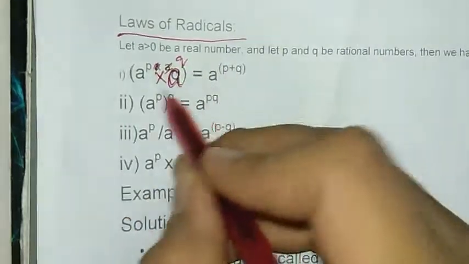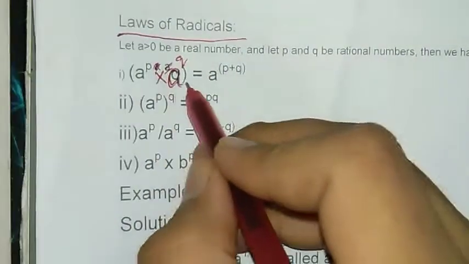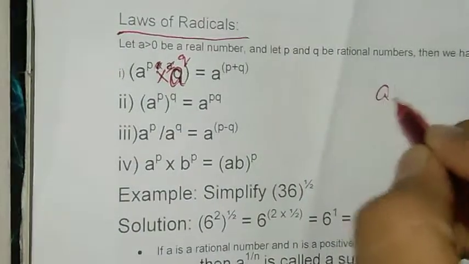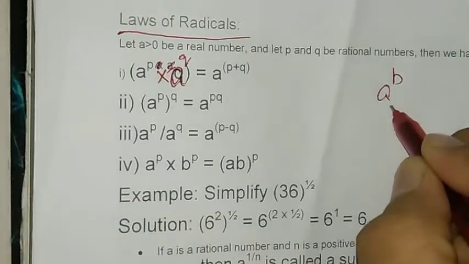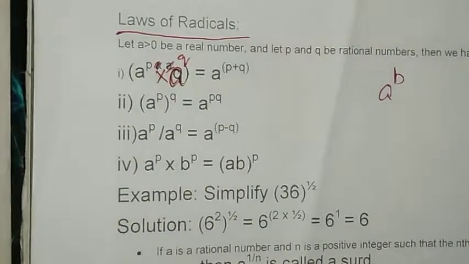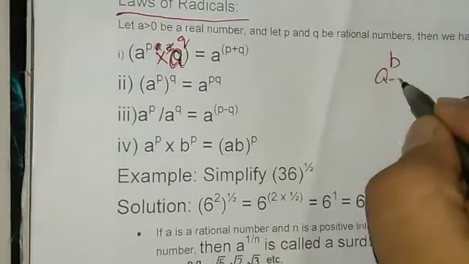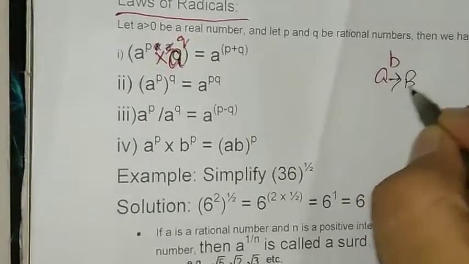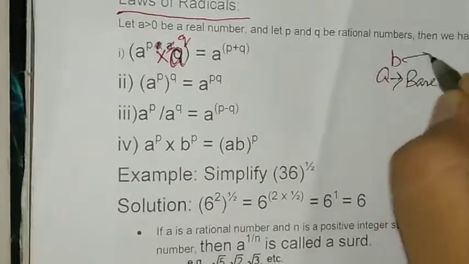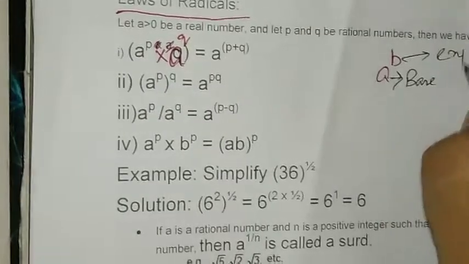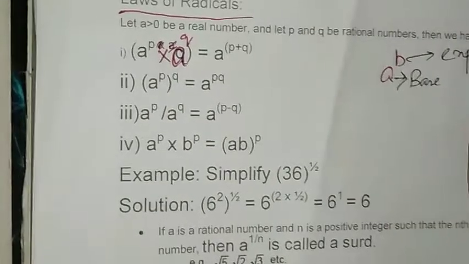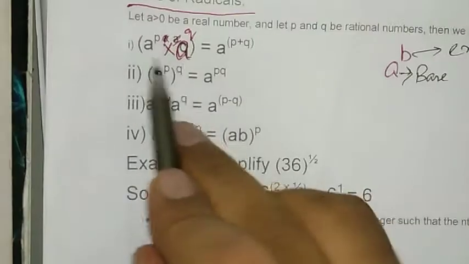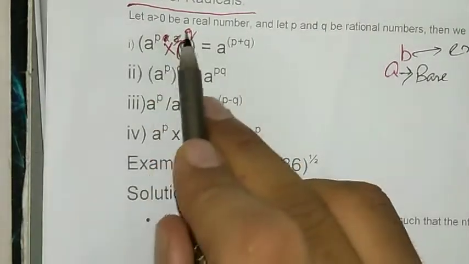This value is q. These are called the base. Let's talk about a power b. This a will be called the base, and this b will be called the exponent. So here the bases are the same, just the exponents are different.